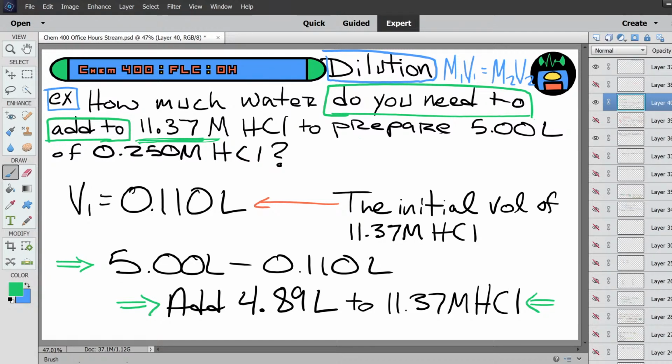Okay, awesome. All right, let's see. All right, I got it dialed in. Okay, so let's take a look at this beast of a problem.